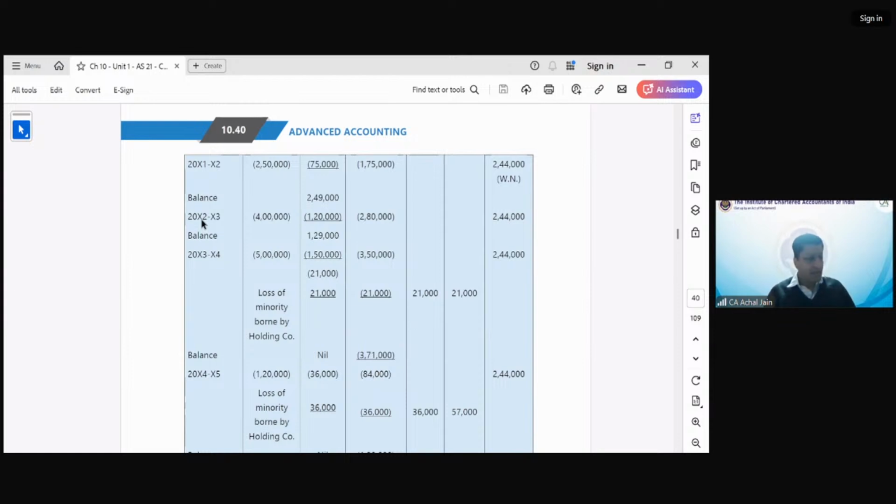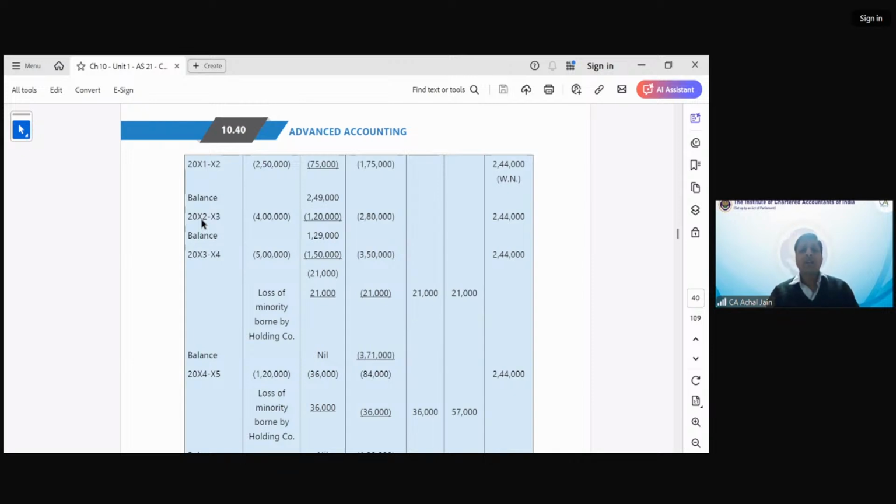Now, in the next year, what do you have? In the next year, once again, you have a loss. So what is the amount of loss in the next year? Can you tell me? It's 4 lakh. Yes or no? It's 4 lakh, right?